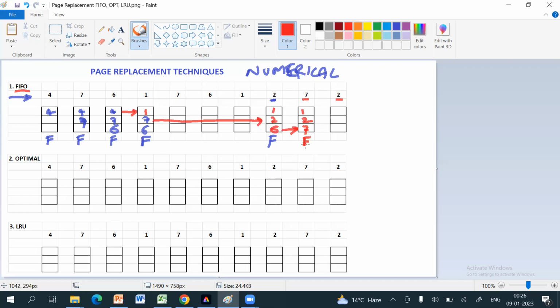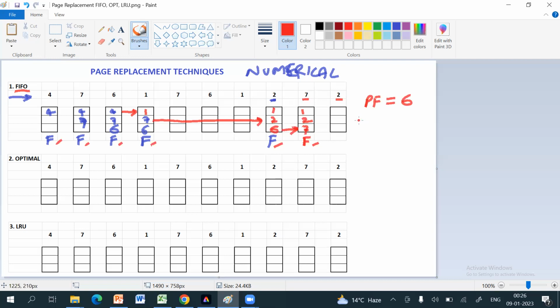Okay. So we now need to compute the number of page faults. Using FIFO, how many page faults are there? It will be 1, 2, 3, 4, 5, and 6.